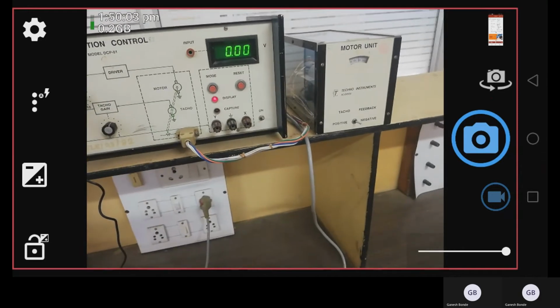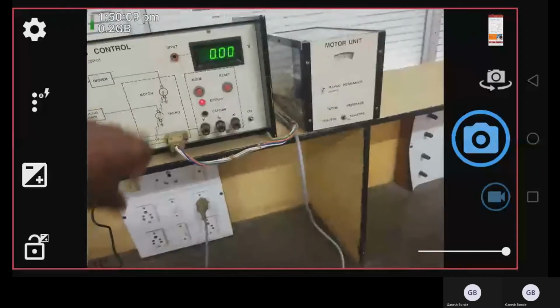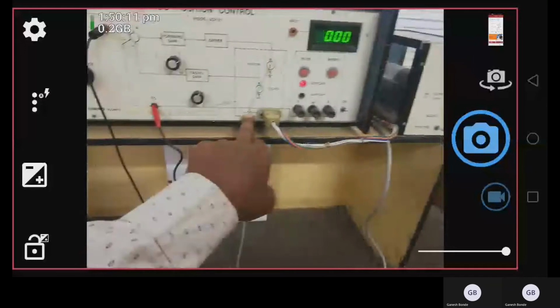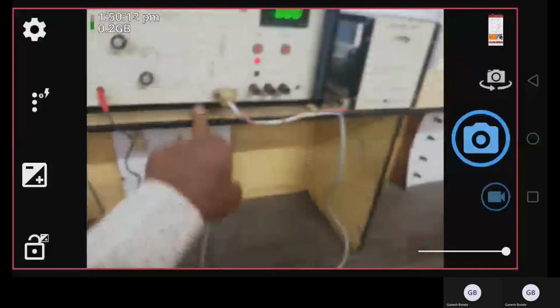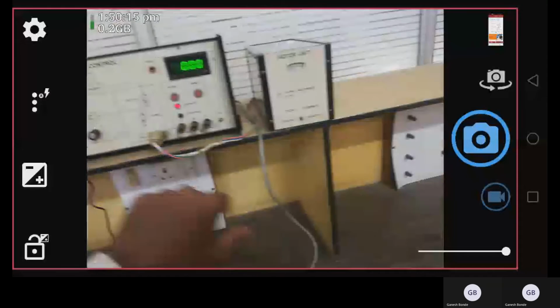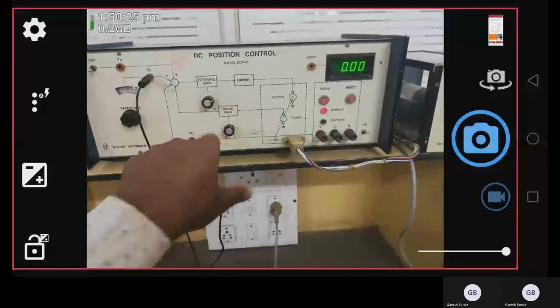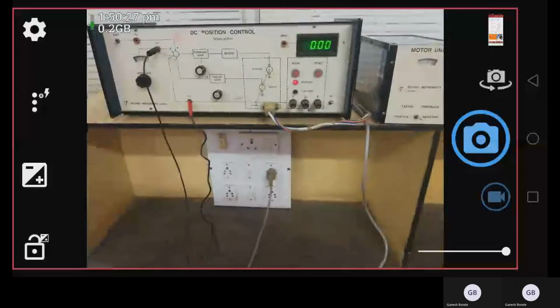And this error signal is provided to the motor. So here the motor and tacho generator are mechanically coupled. So this will be your output pot here, and that signal is provided over here. And these are the knobs for adjusting the gains, the motor gain as well as the tacho generator gain. So you can adjust the gain and accordingly take down the readings.